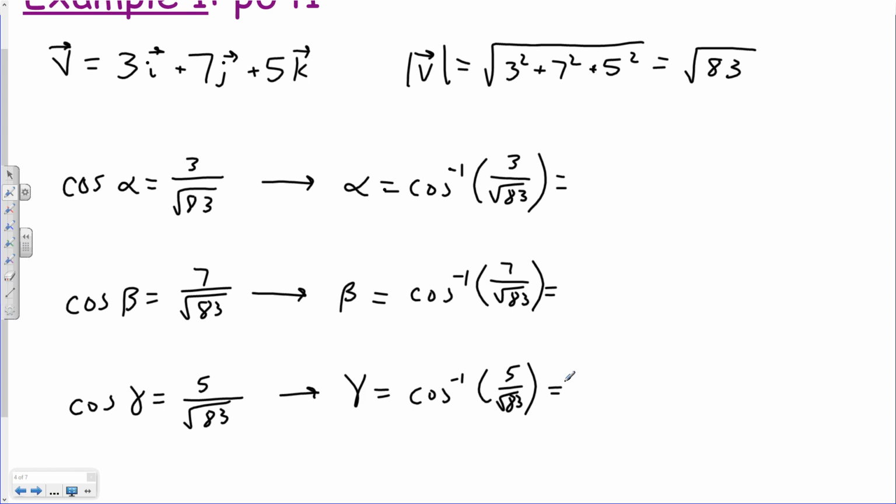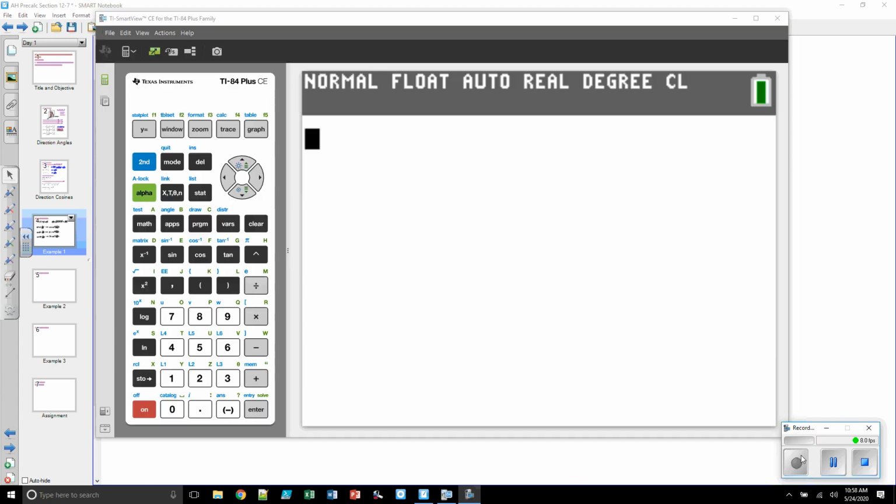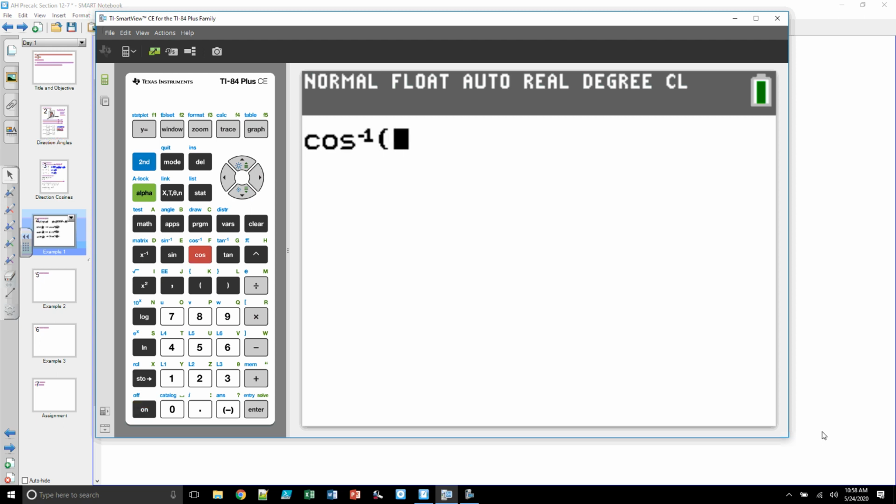All right, so grab your calculator and let's punch those in and see what angles we end up with. If we take our three direction cosines and find the cosine inverse of those quantities, we'll end up with our three direction angles. So I take the cosine inverse of 3 over the square root of 83 was our first one. That's our alpha.